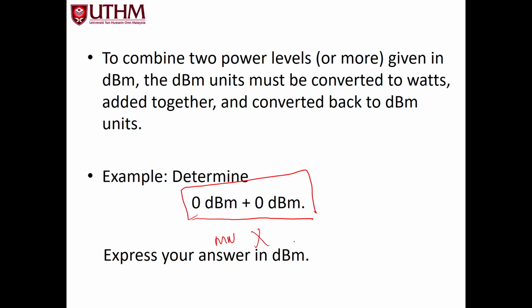You need to multiply it with another power in milliwatt, which is wrong because we cannot do multiplication like this. It will become square power. So what we need to do is to convert into power, do the summations, get the value, and then convert back into dBm. It is different from this one because both of these are in the form of power, in terms of milliwatt.